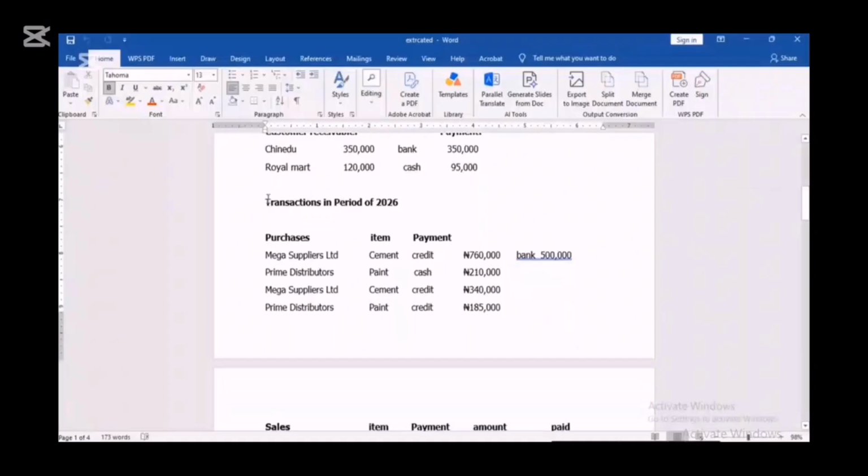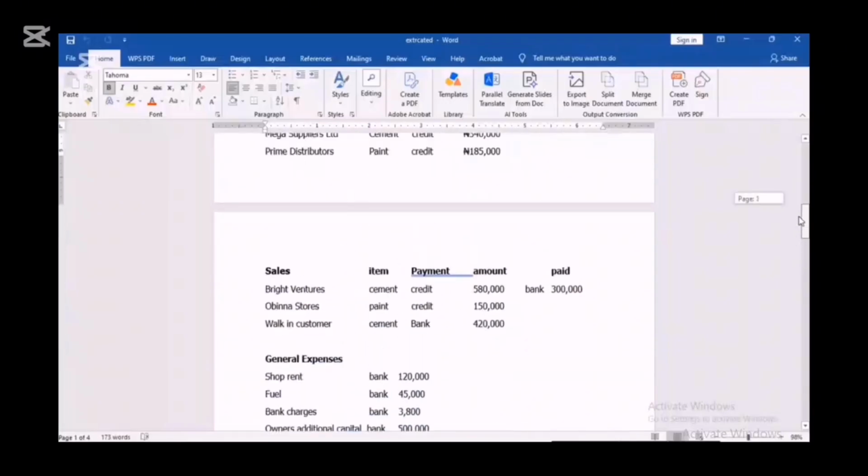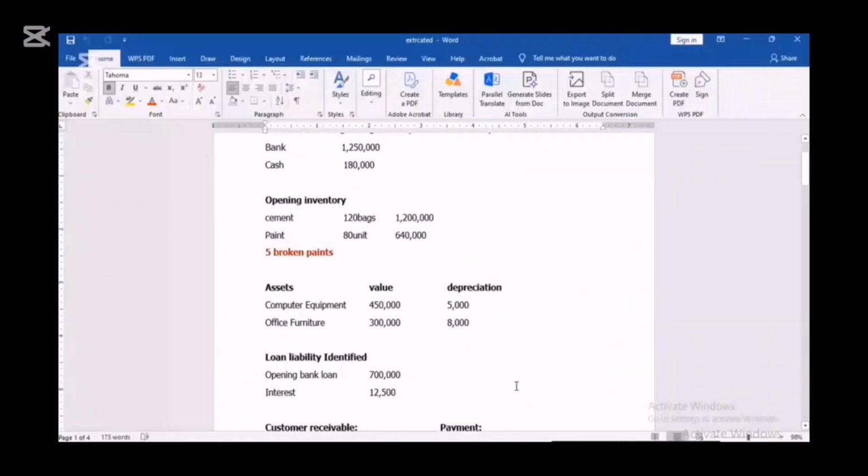So these are the transactions for this particular year, 2026. So these are the current transactions. So after the balances, then we deal with these ones. Let's go down. These are the sales.